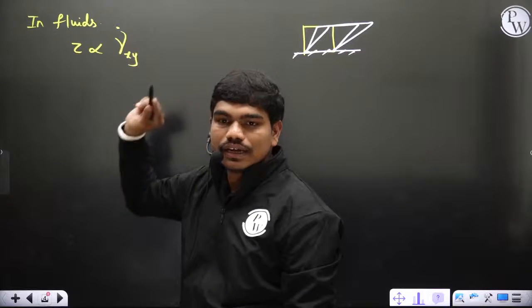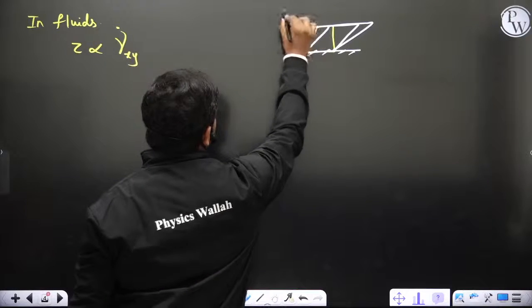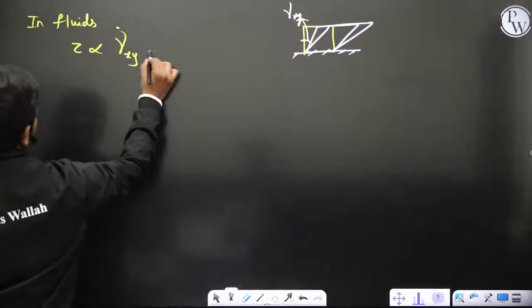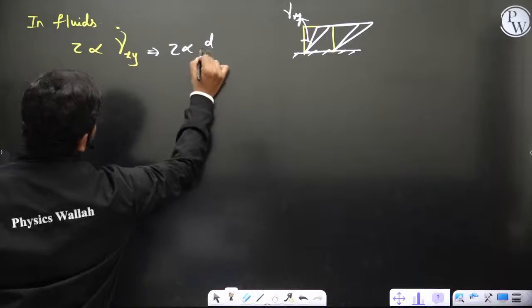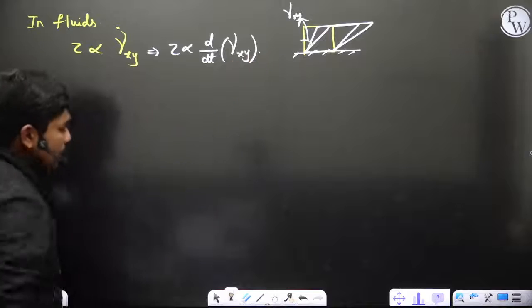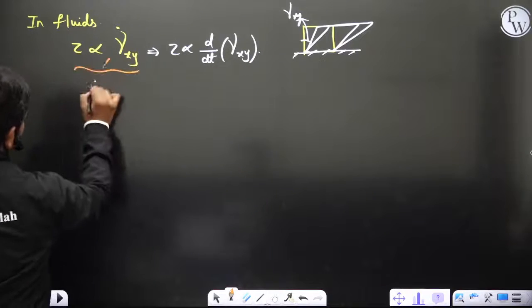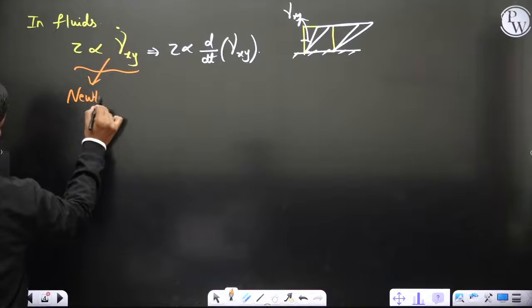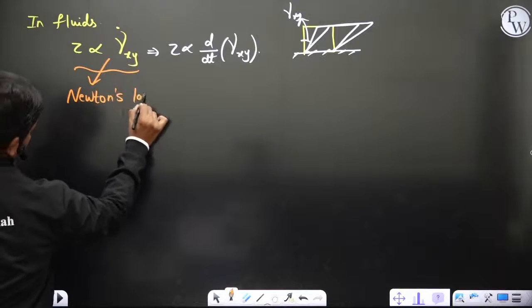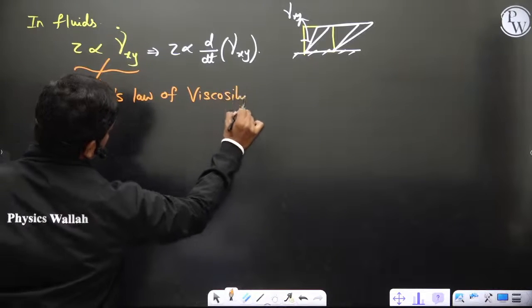So we denote it with gamma of xy, where gamma is this at any given instant, okay? So this is gamma xy, and this can be written as tau is proportional to d by dt of gamma xy here, okay? Now if someone asks you about this, this is actually called Newton's law of viscosity, okay?